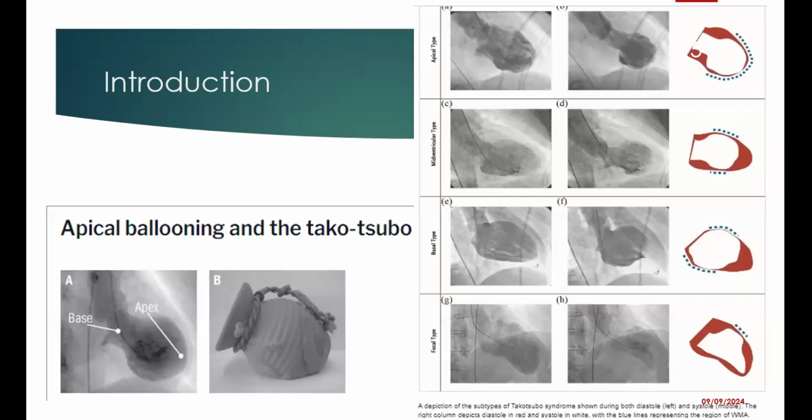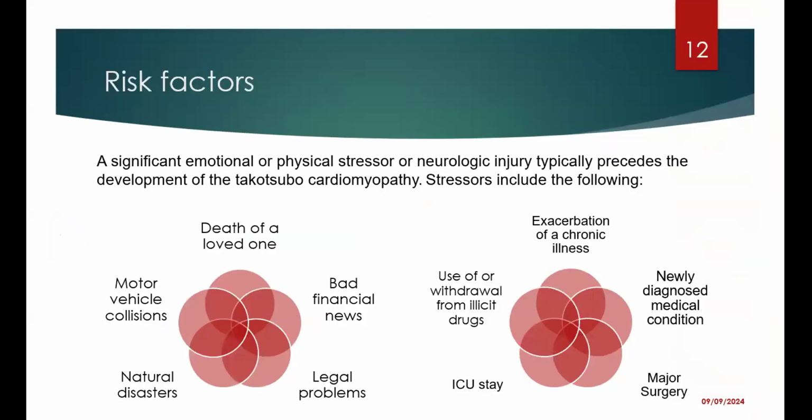It's about 75 to 80% apical, then 10 to 20% mid ventricle, and in rare cases you could have basal or biventricular. Concerning the trigger, of course, the commonest is the physical trigger, followed by the emotional, but you could have both in about 77.8% of cases.